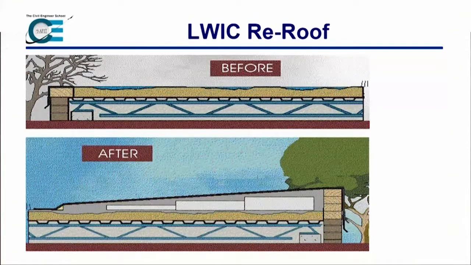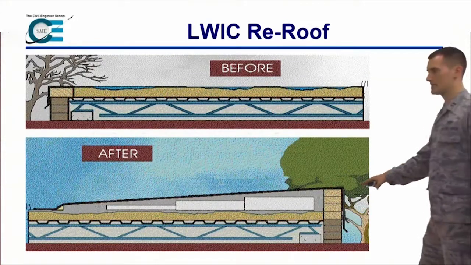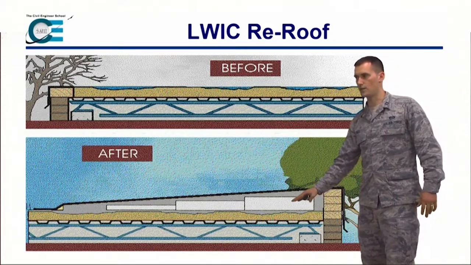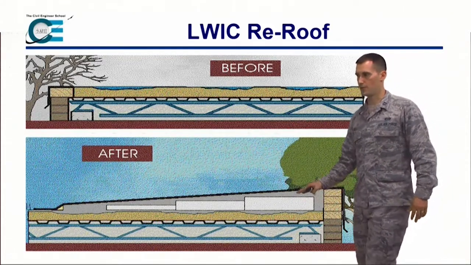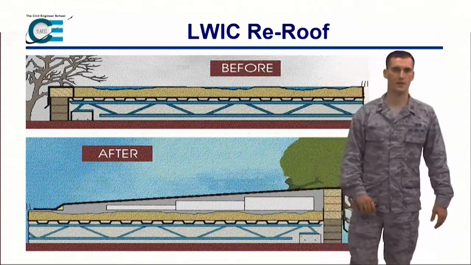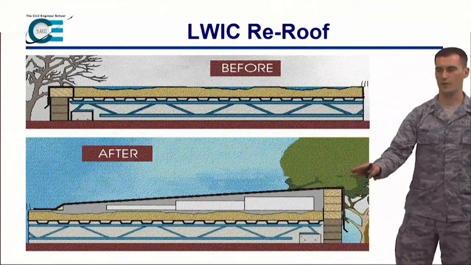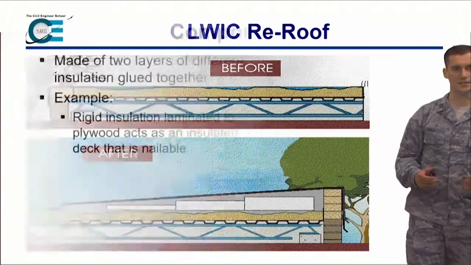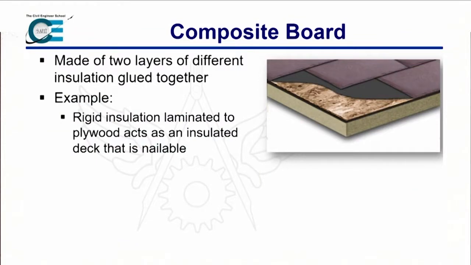You look in the white here, we have that EPS type insulation, which we're trying to install over the top, and we can use it in a tapered form like this, get that low slope, get that water off of our roof, and add that new membrane in there. So this is something that you see fairly often as well.